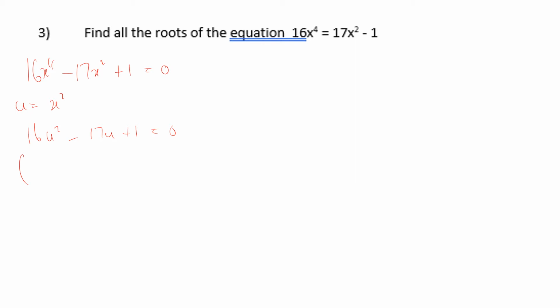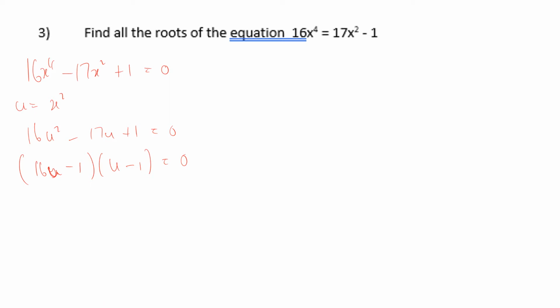And then factorise that. If you factorise that, you end up with 16u minus 1, and then u minus 1 equals 0. Sorry, that should be a minus 1 there.